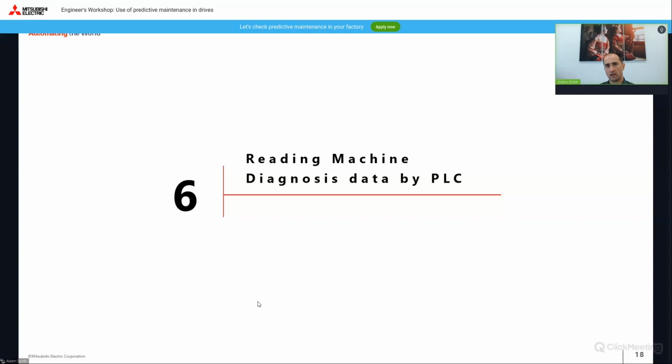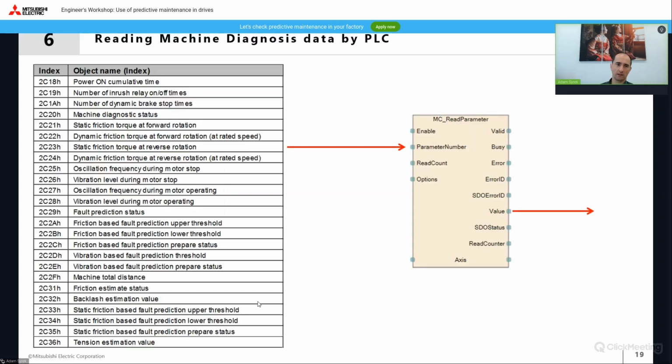And if we have all this data in the amplifier, like the levels of the friction, and information whether it's correct or not, we would like to use it to make reports and send it to some higher level of the information system in our factory. So we can use the dedicated function blocks. There are a lot of possibilities to get this data.